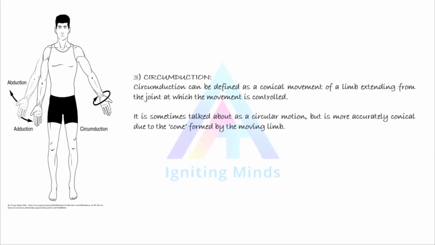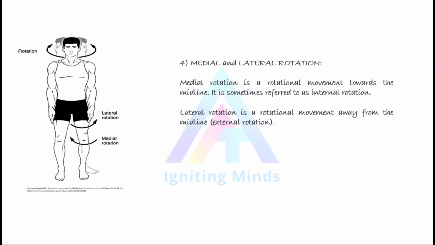The third one is circumduction. Circumduction is a conical movement of a limb extending from the joint at which the movement is controlled. Basically, a circular motion. The fourth one is medial and lateral rotation. Medial rotation is the rotational movement towards the midline.